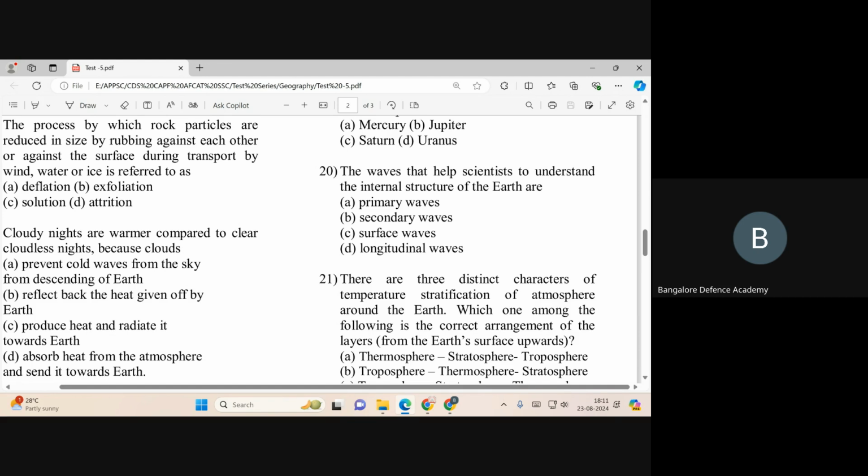How many think option D? The answer is option B. Why option B? These two are the body waves, primary waves and secondary waves. But the primary waves pass through all the mediums, so from primary waves you can't understand that the outer core is liquid. You know the outer core is liquid by which waves? Secondary waves. So secondary waves are the most important to know about the internal structure of your Earth.